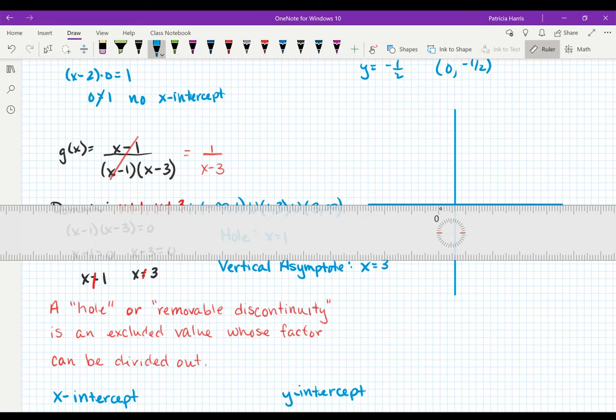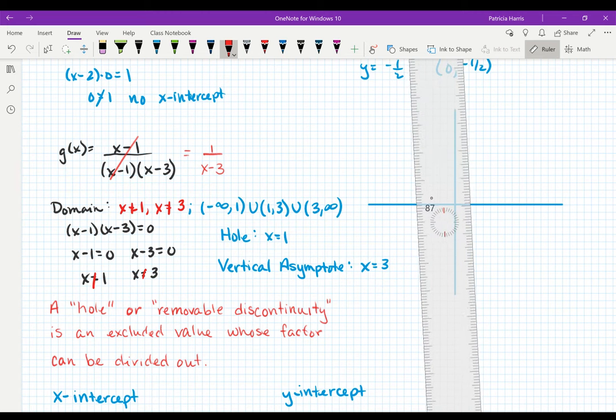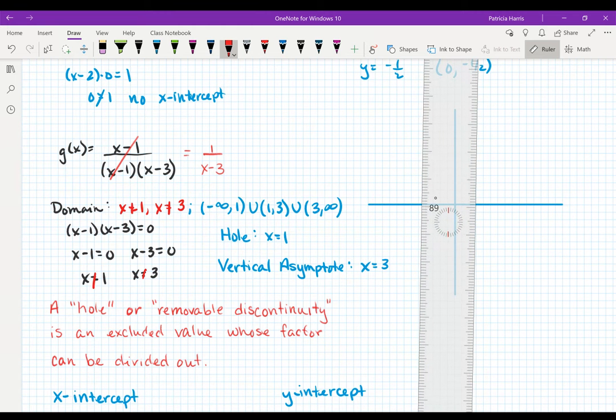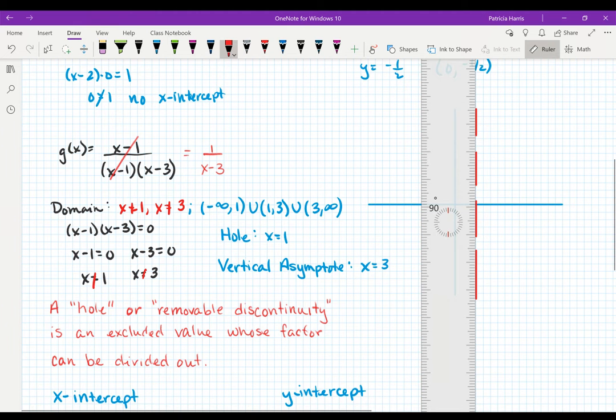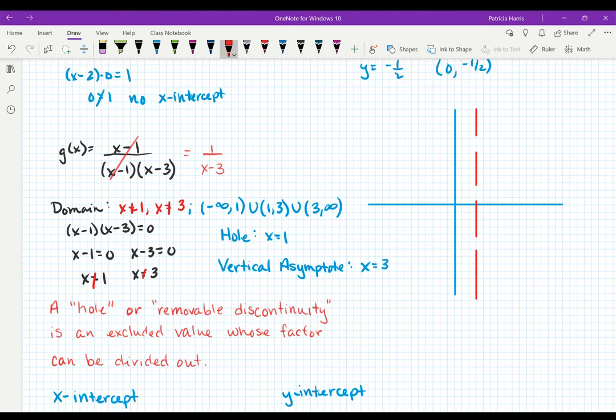So again, we're going to use colors. All right, so there's my vertical asymptote.